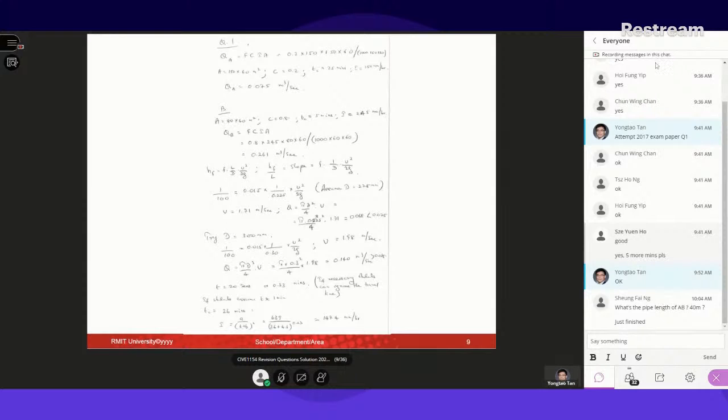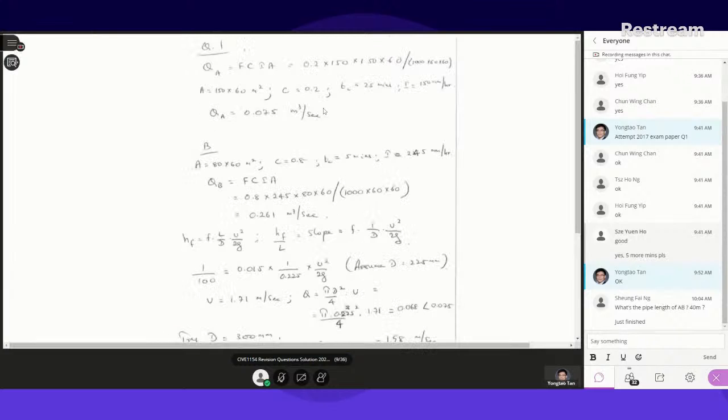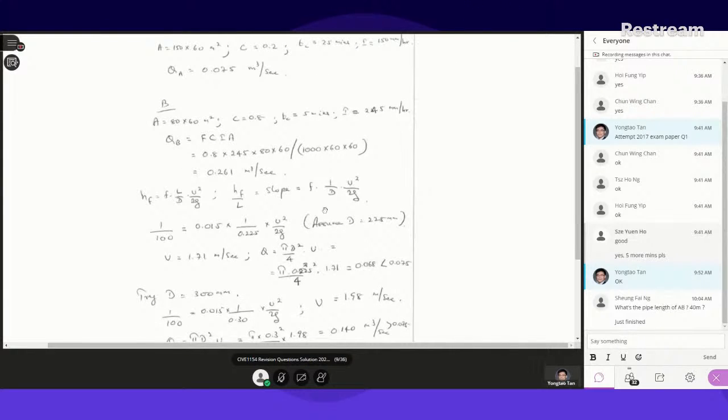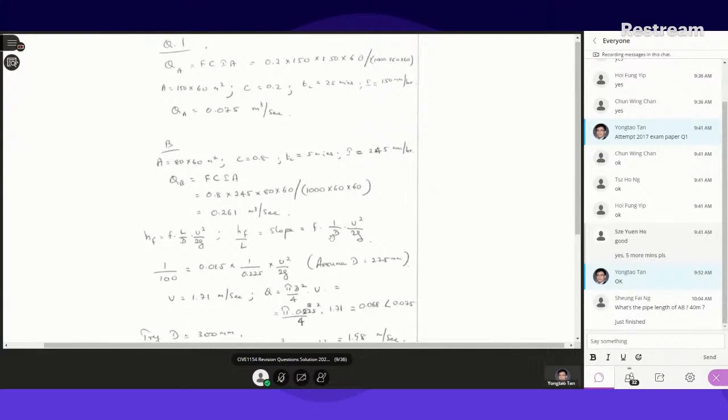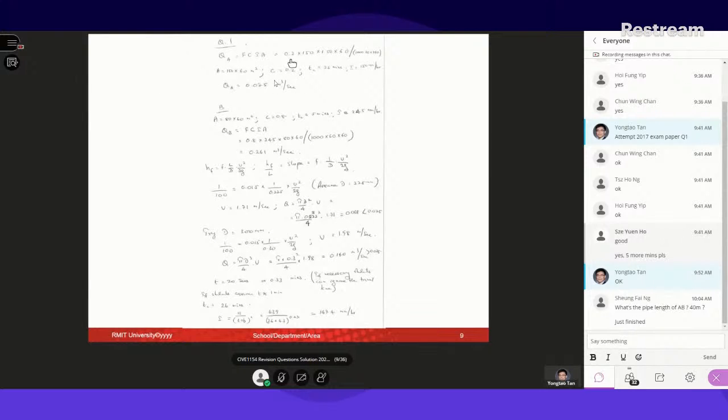So for example, this is for pit A, using the rational method.